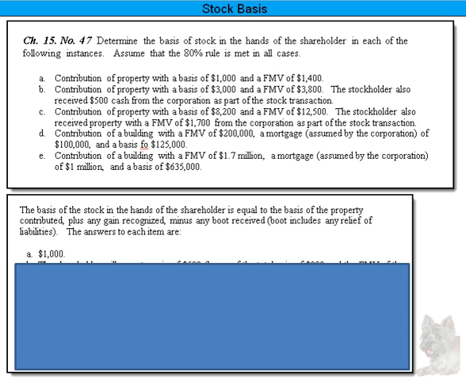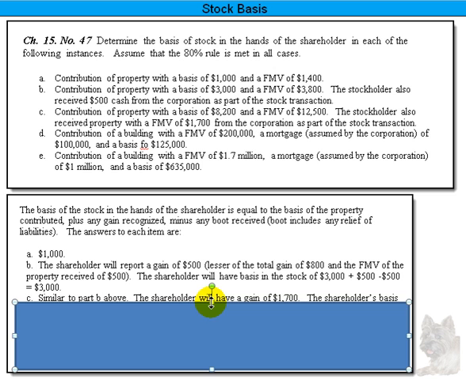Okay, then we look at B, and now we have a contribution of property with a basis of $3,000, fair market value of $3,800. The stockholder also received $500 cash from the corporation as part of the stock transaction. Okay, so it gets a little bit more sophisticated, but we can solve it.